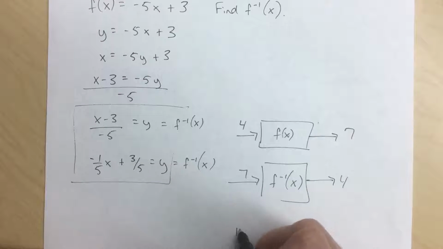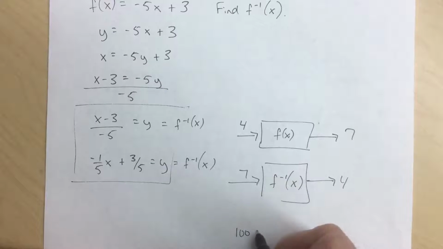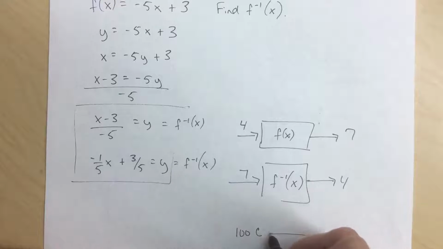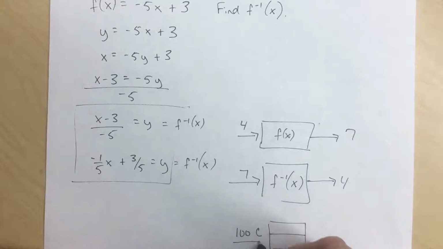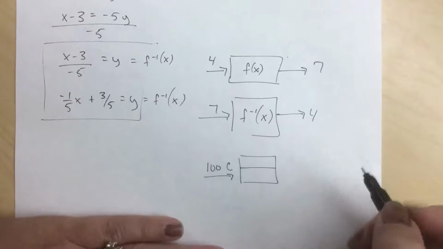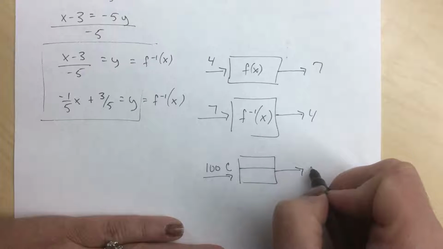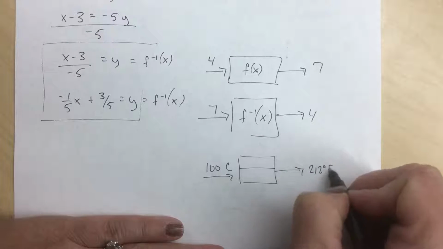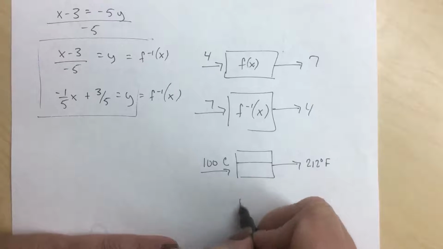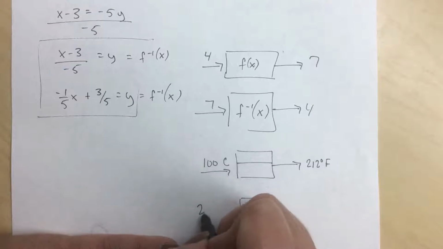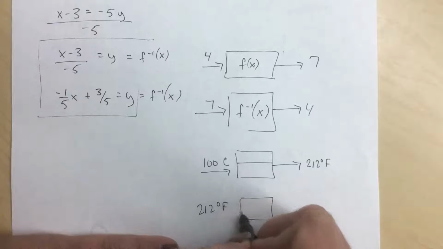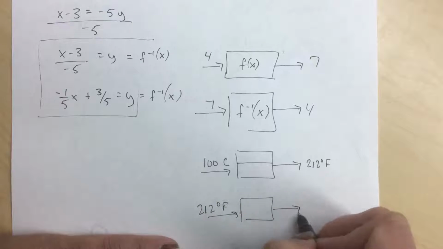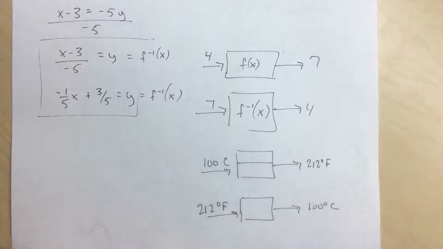If you input 100 degrees Celsius into the box, it's going to output 212 degrees Fahrenheit. Well, the inverse function would be if you put in 212 degrees Fahrenheit, it would output 100 degrees Celsius.